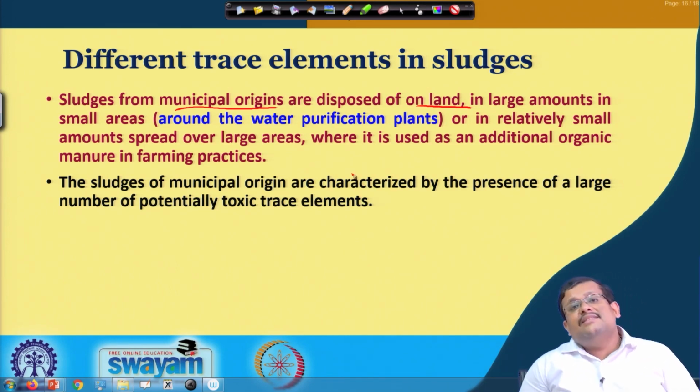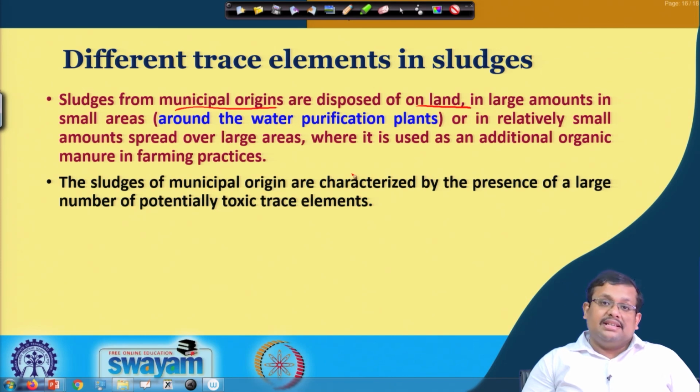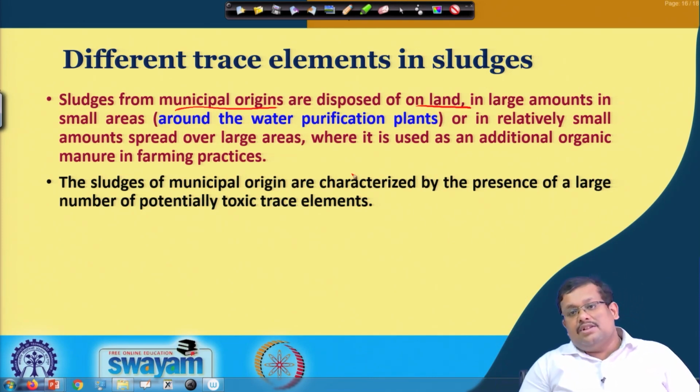Now, the sludge of municipal origin is characterized by the presence of a large number of potentially toxic trace elements. These municipal sludges are loaded with different heavy metals or trace elements which can create considerable toxicity in the soil.